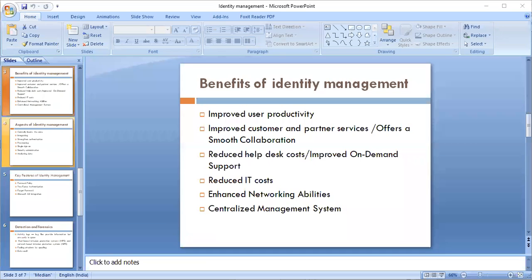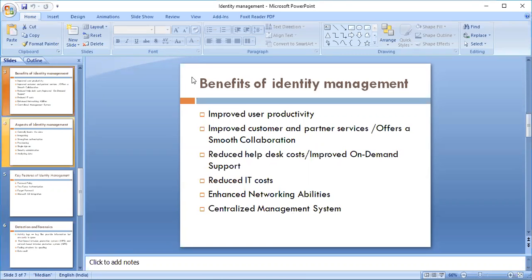Rather, with identity management and cloud computing, the experts can provide support whenever it is required, and they can also monitor all the mechanisms that are being implemented over the cloud. So this way it is helping us provide on demand overall support.